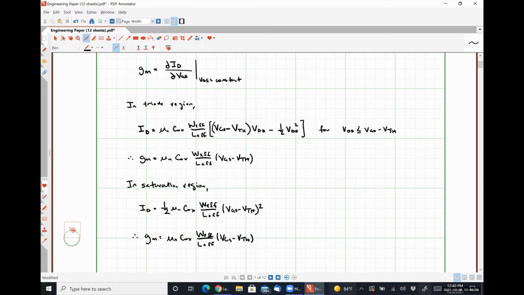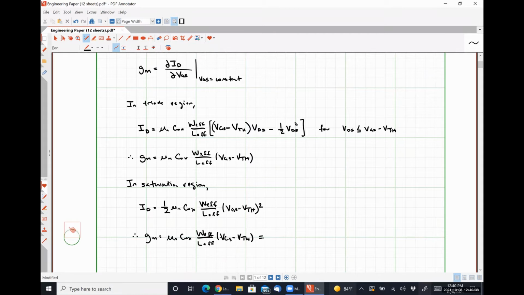There are some alternative definitions. These all represent the exact same thing mathematically. It's just a little bit easier to find transconductance depending on what information you are given.